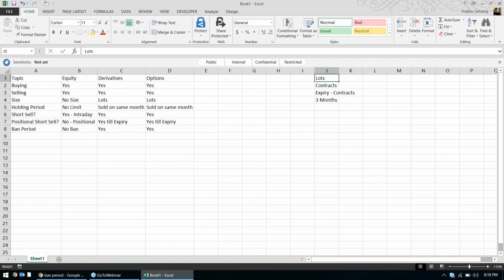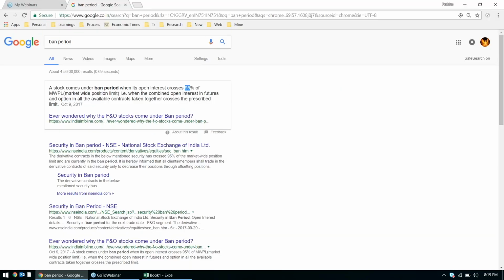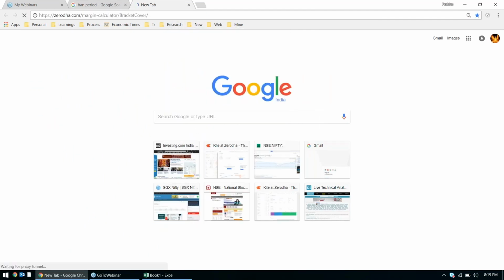What are lots? Every company has been fixed a different kind of lot in which you can purchase. Around 250, 265 stocks are there in futures and options, and those stocks can be purchased in terms of lot.